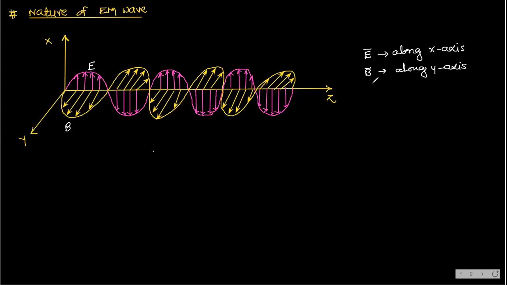And E bar cross B bar is nothing but what? Direction of propagation, and that is along z-axis.